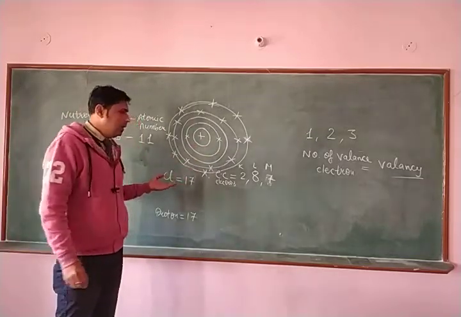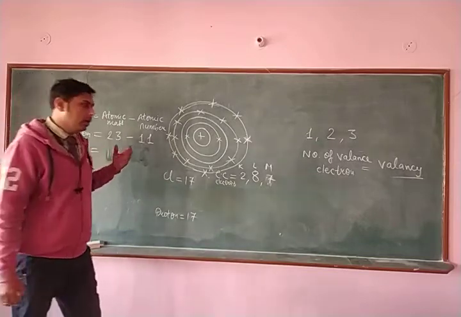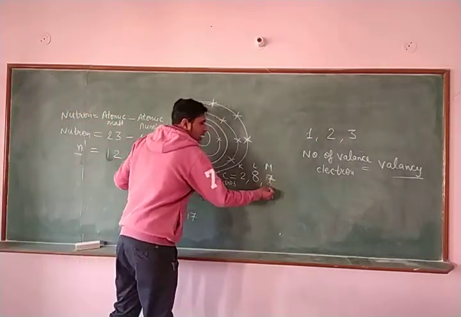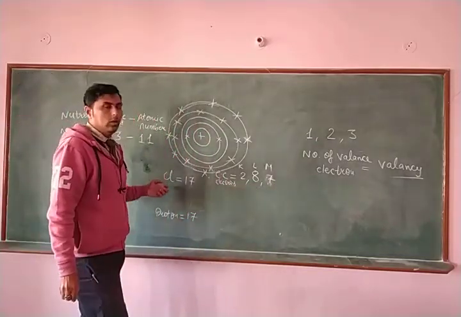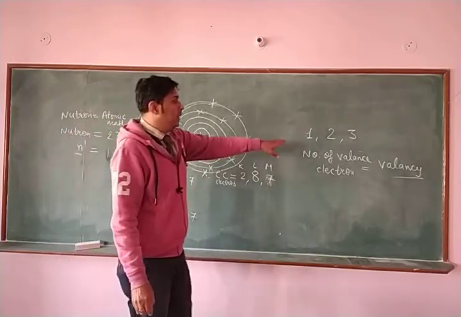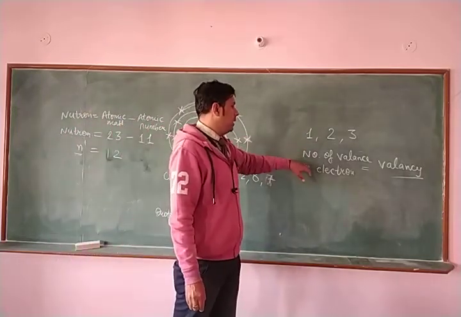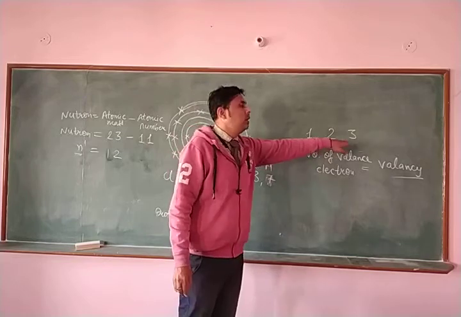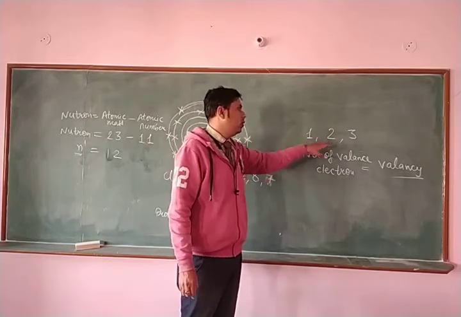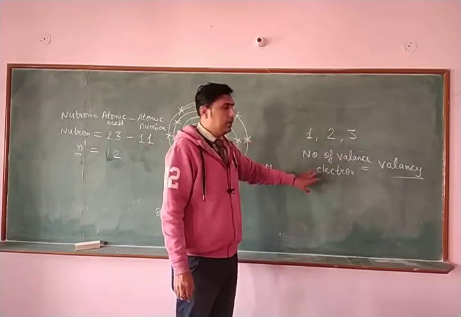So chlorine will gain an electron, because 7 is the valence electron count of chlorine. Now how was that found? This was the formula for when the number of valence electrons is 1, 2 or 3. If in the last shell we have 1, 2 or 3 valence electrons, then that applies.